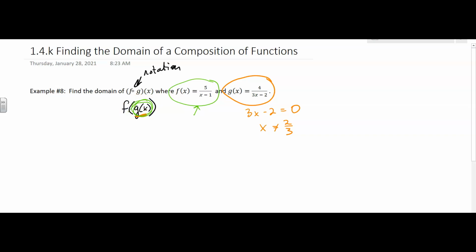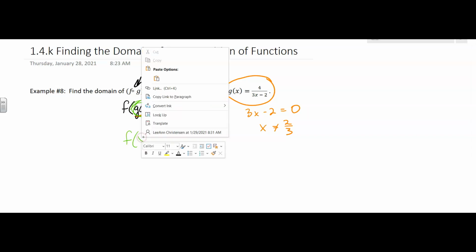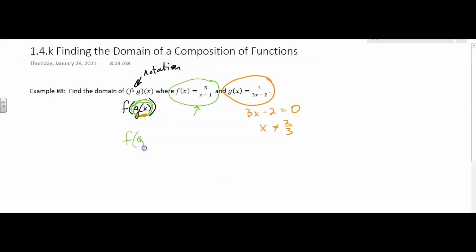Okay, so, think of it this way maybe. f of g of x would equal 5 over g of x minus 1, like that. Okay, so this is what can't equal 1. g of x cannot equal 1.